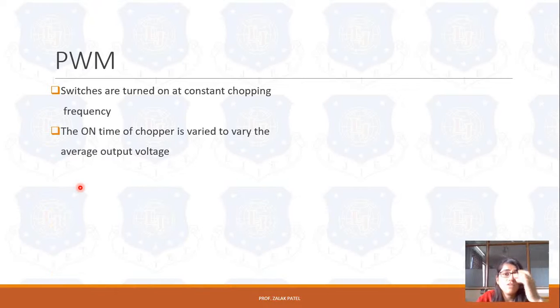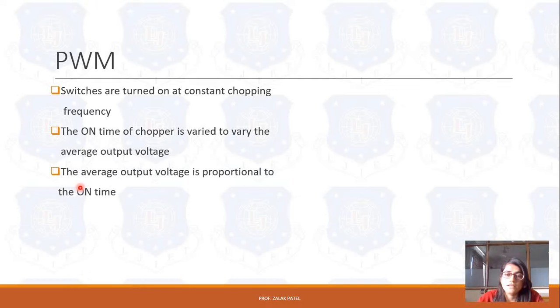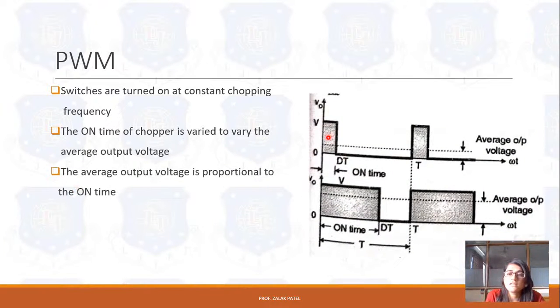Now consider a waveform where the average output voltage versus time graph is shown. For this waveform, we can decide the duty cycle.